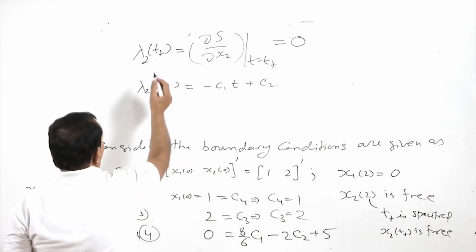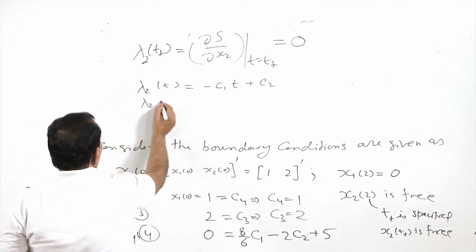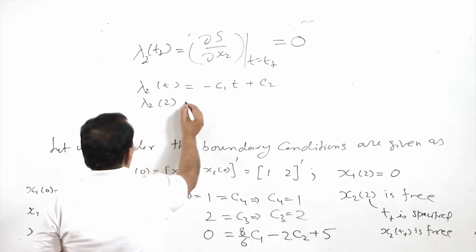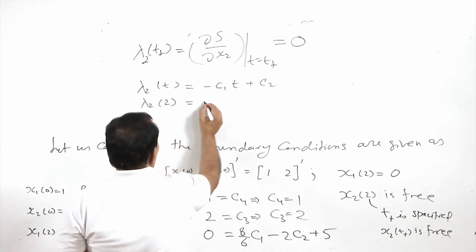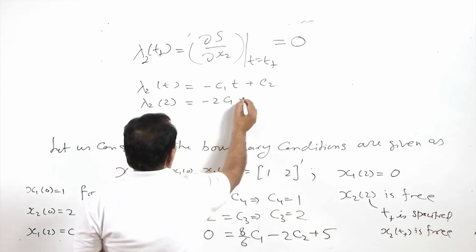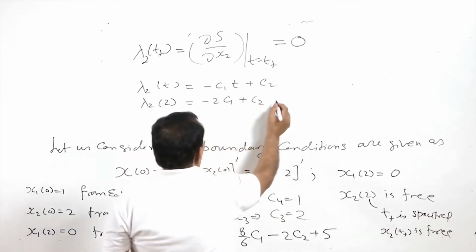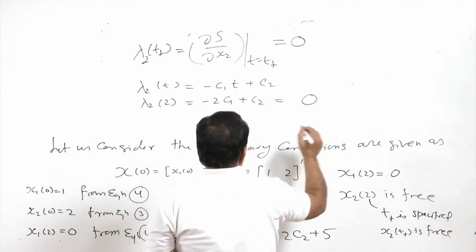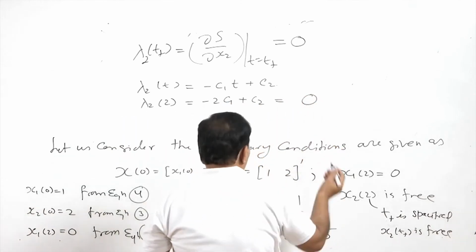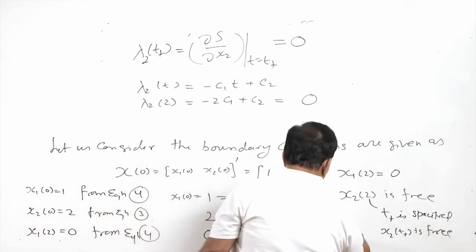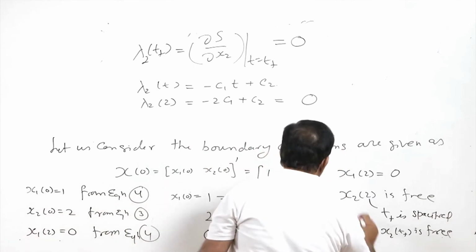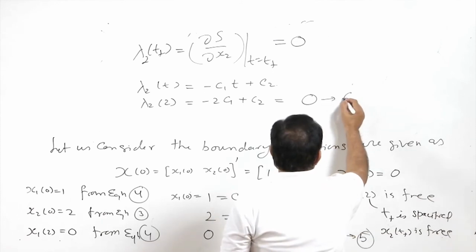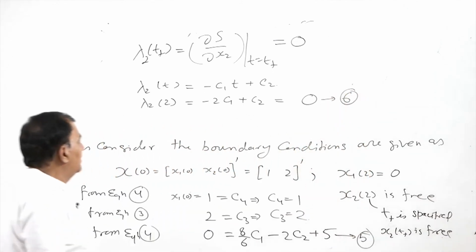So, Tf is 2. So, I am writing lambda2 at Tf as minus 2 C1 plus C2, and lambda2 value is nothing but 0. So, 4 equation we have. So, I have this equation number 5, this equation number 6.